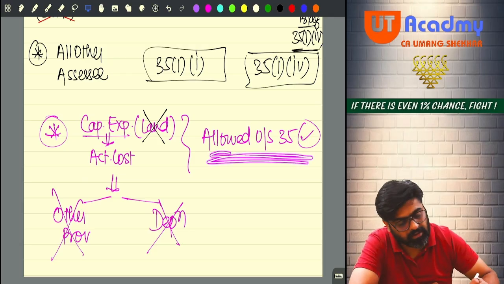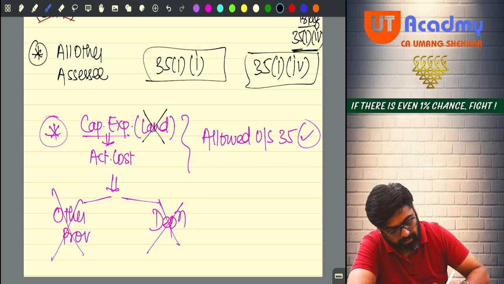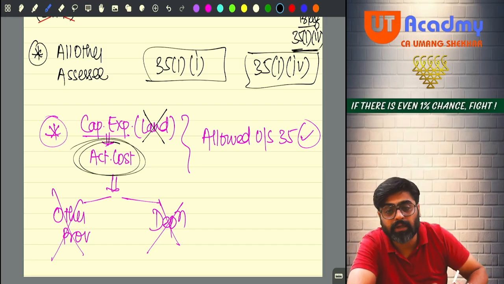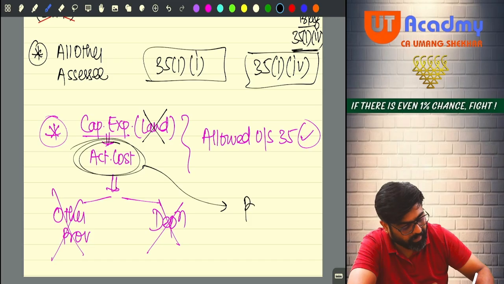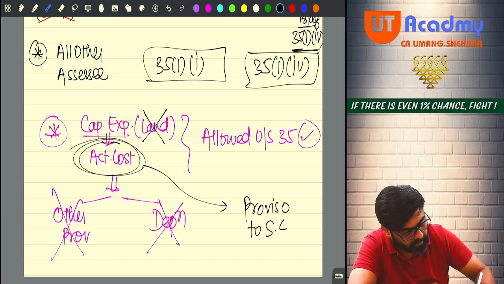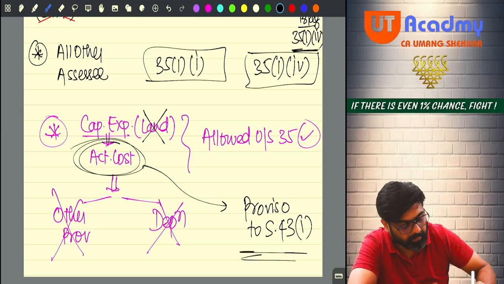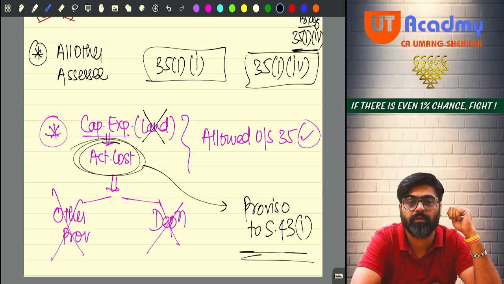That is allowed under section 35. But do you remember for this actual cost which we did yesterday, we had a discussion on the proviso to section 43(1). Do you remember? Yesterday only we have done this proviso.